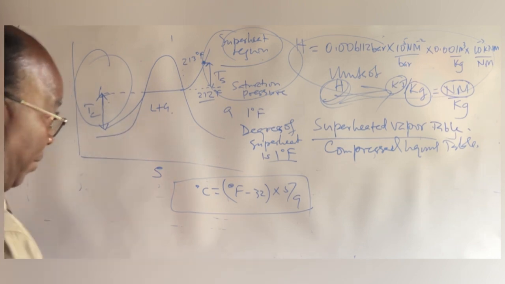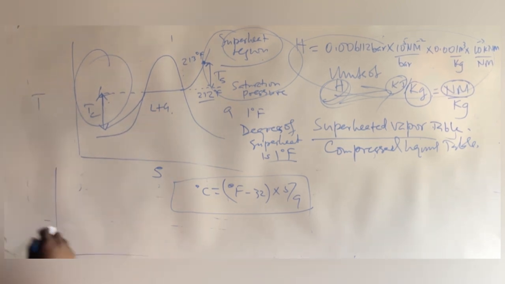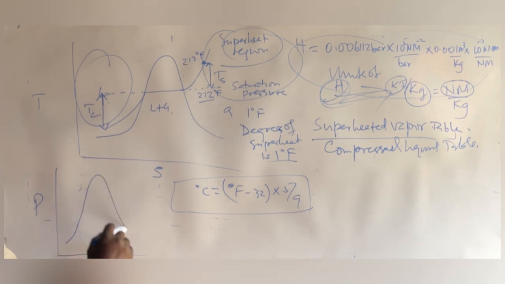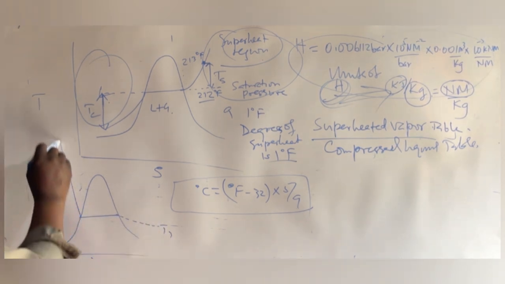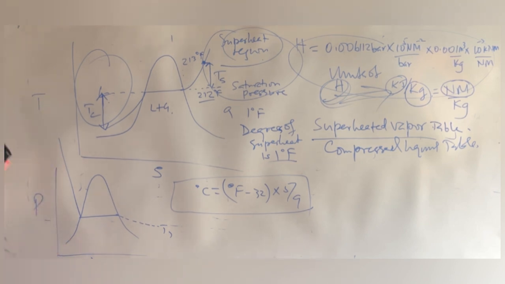Remember, if you look at the pressure-volume diagram at constant temperature, compressing your system at some temperature T1, when you come to the liquid region the curve is quite steep, because it's very difficult to compress liquid.